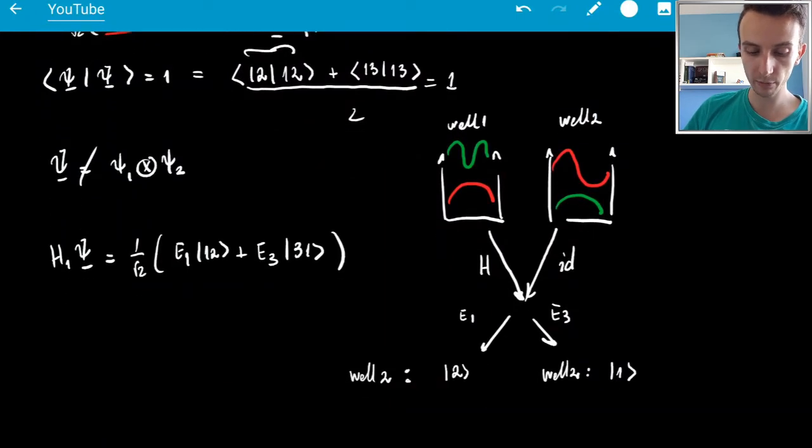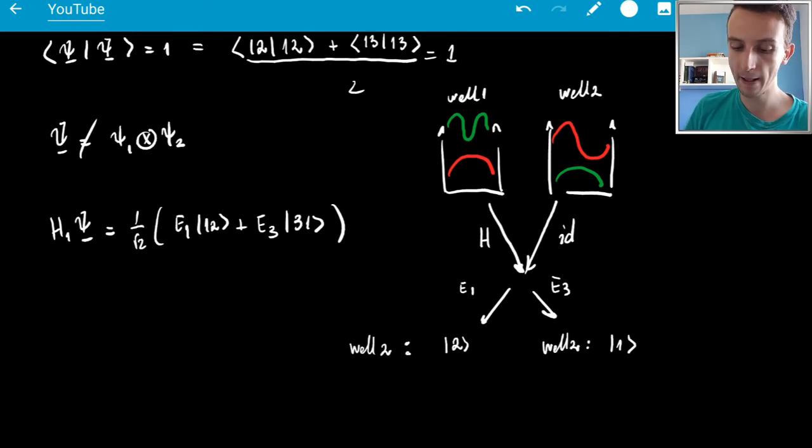So we have entanglement when we perform a measurement on one of the wells and we immediately learn the other. But before performing the measurement, we couldn't say what the energy was in well 2. It's fascinating. We don't know either of the states.